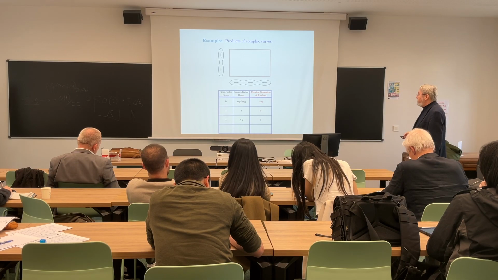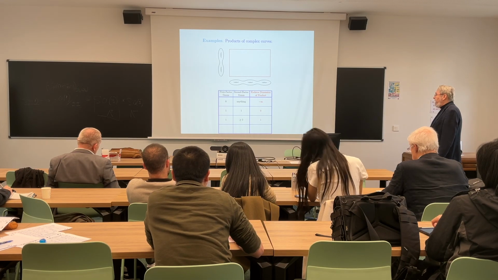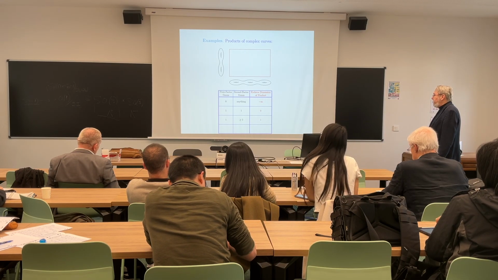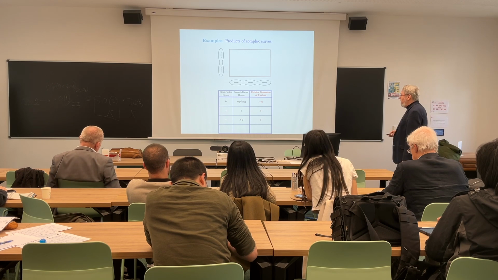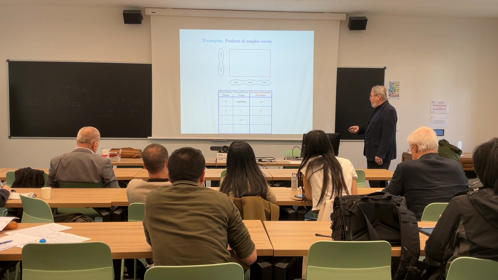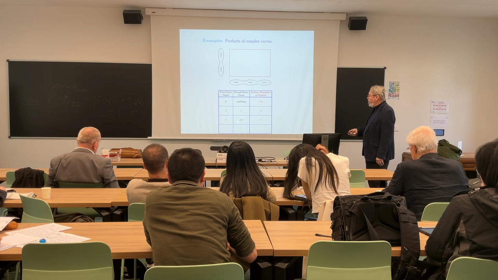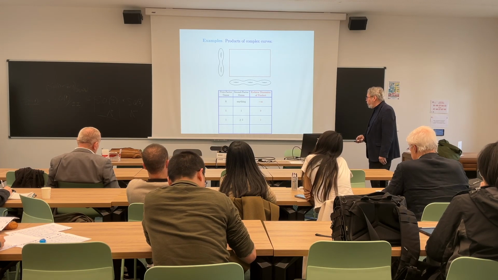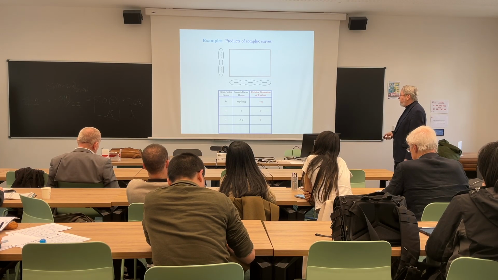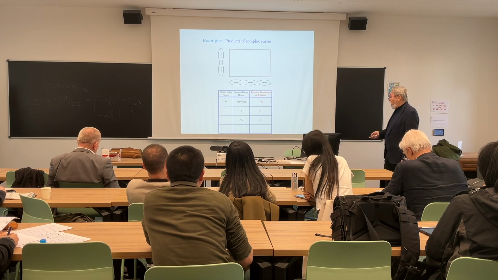If the first factor has genus 1, and the second factor has genus greater than or equal to 2, so this would be saying that in this direction, you can think of this as having a flat metric, and this has a metric of negative curvature, then the Kodaira dimension turns out to be 1.